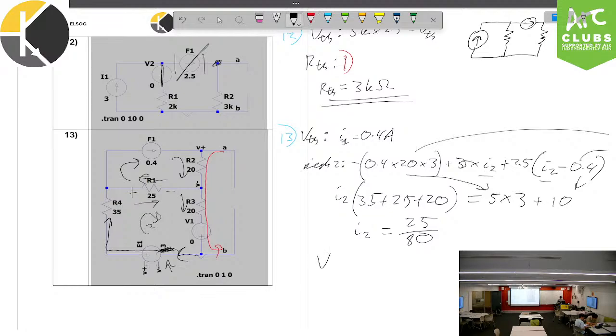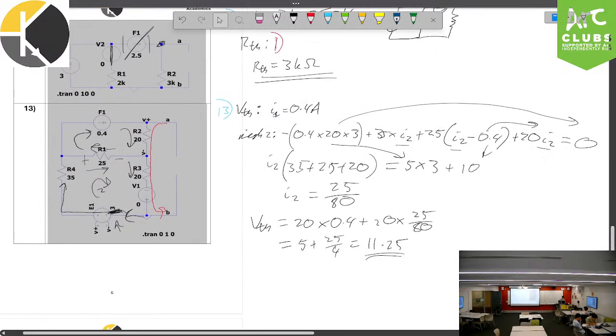And so I say V Thevenin equals 20 times 0.4 plus 20 times I2, which was 25 on 80, which gives me a total of 5 plus 25 on 4, which we can simplify to 11 and a quarter. All right, that's V Thevenin. Good stuff.